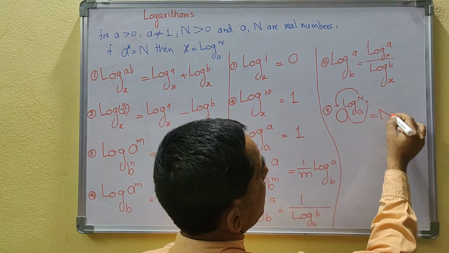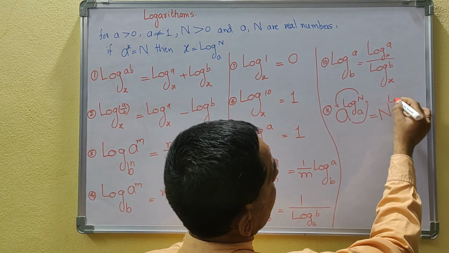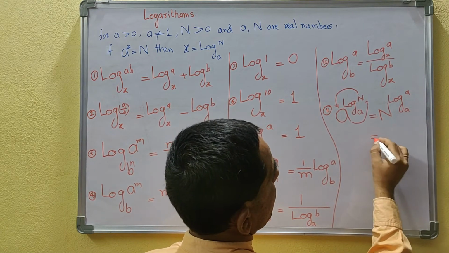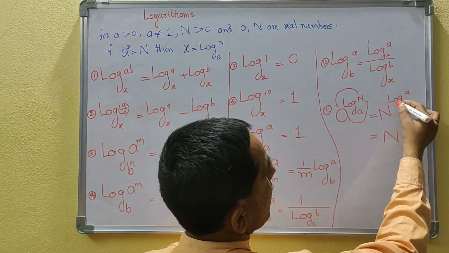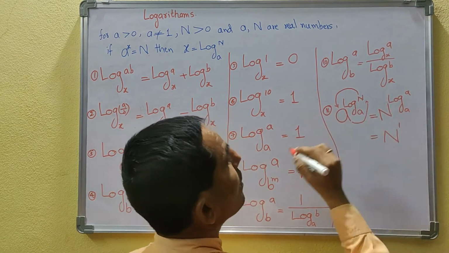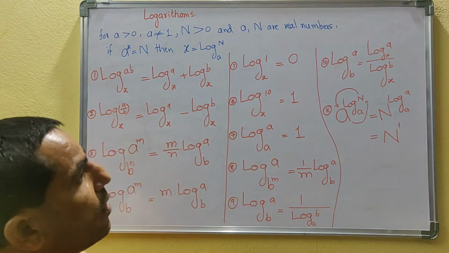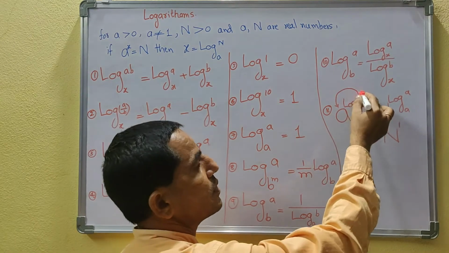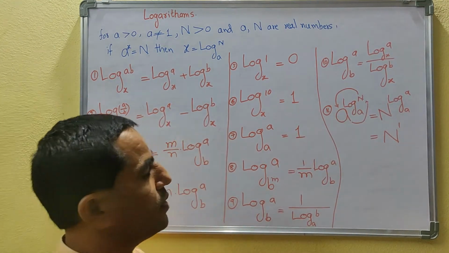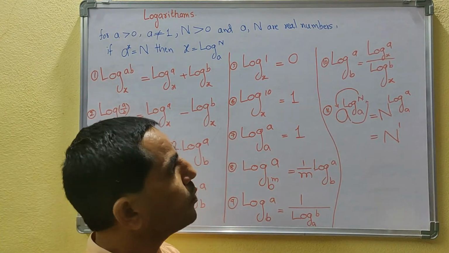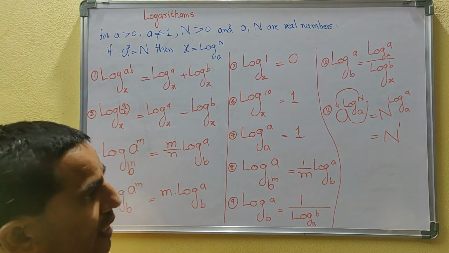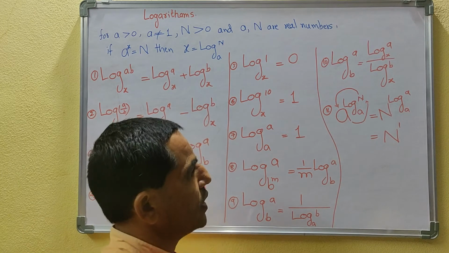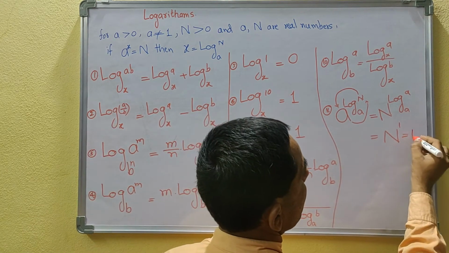So n to the power of log a base a, and log a base a has value 1. Here these terms are interchanged, so it is equal to n to the power of log a base a, which is n to the power of 1. So it can be written as only n.